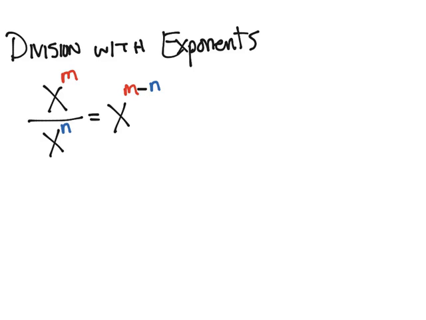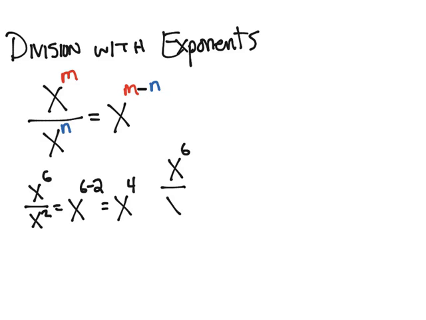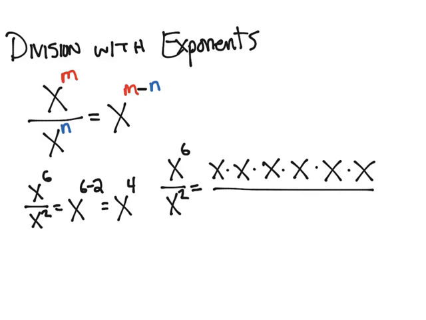So once again, let's take an example. X to the 6th divided by x squared would become x to the 6 minus 2, or x to the 4th. To look at a proof, we'll examine this problem in a different way. X to the 6th over x squared could be rewritten as x multiplied by itself 6 times, divided by x times x.